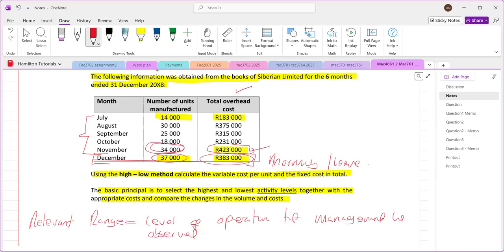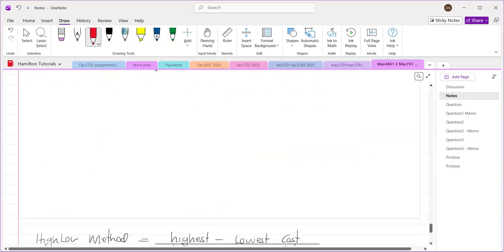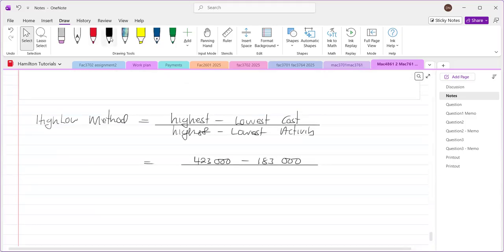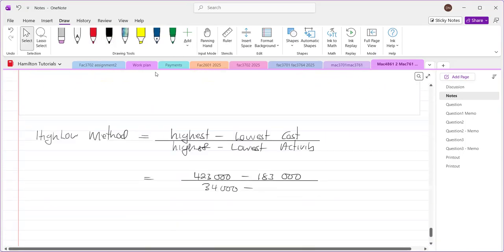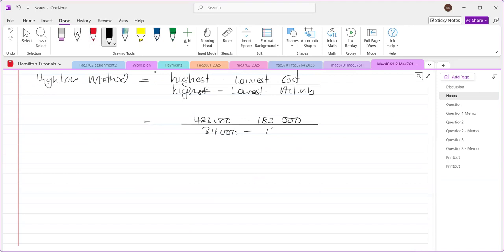If that is not the case, whatever is giving you the highest, like what we are having here, must be left out. So therefore, we are going to use 34,000. Are we clear about that, good people? Are we understanding it? Hopefully we are there. We are very quiet.